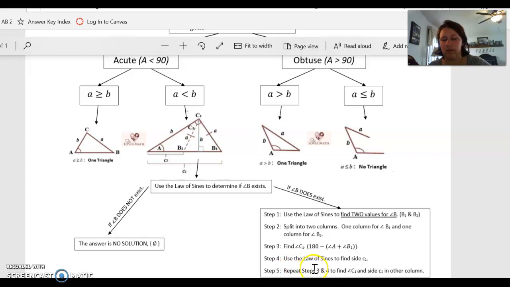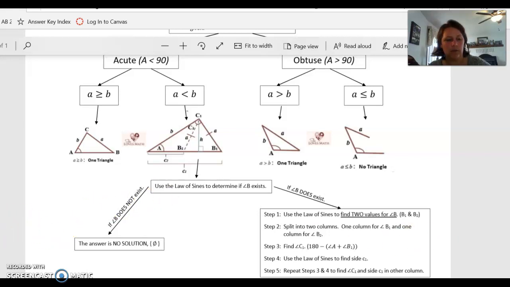And then we're going to repeat steps 3 and 4 to find, I made a mistake there. I need to change that. So I'm going to change that to C sub 2 and side C sub 2 in the other column. So go through, solve everything for B sub 1, C sub 1, and side C sub 1. Then go over to your second column and solve everything for B sub 2, C sub 2, and side C sub 2.